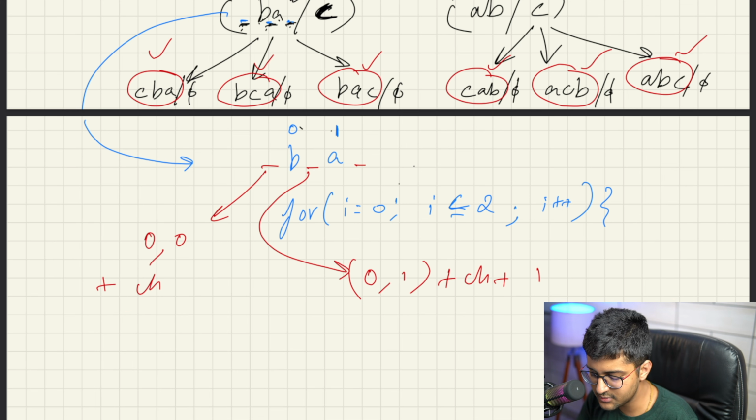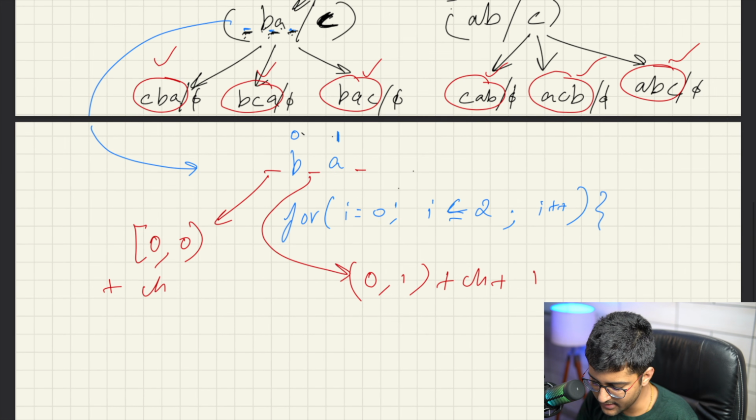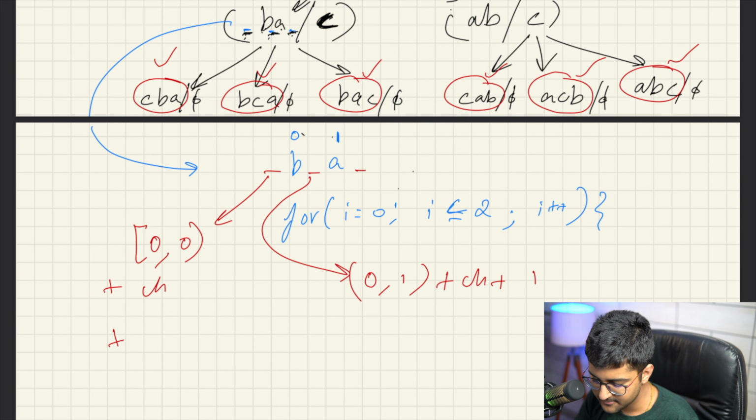Let's talk in terms of how the substring method works: the start is inclusive, the end is exclusive. So 0 will not be taken, this will be empty, plus ch, plus starting from 0, which is inclusive, till the end, which is 2, exclusive, because I'm taking it less than or equal to 2, right? Exclusive.